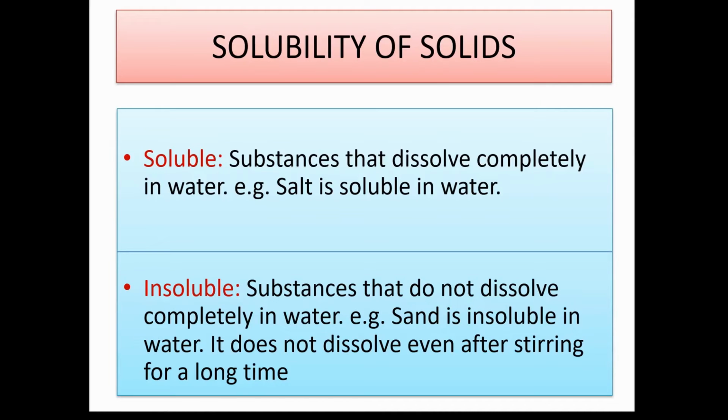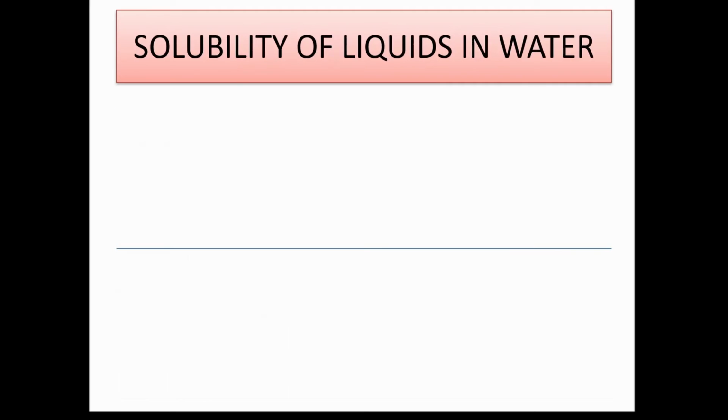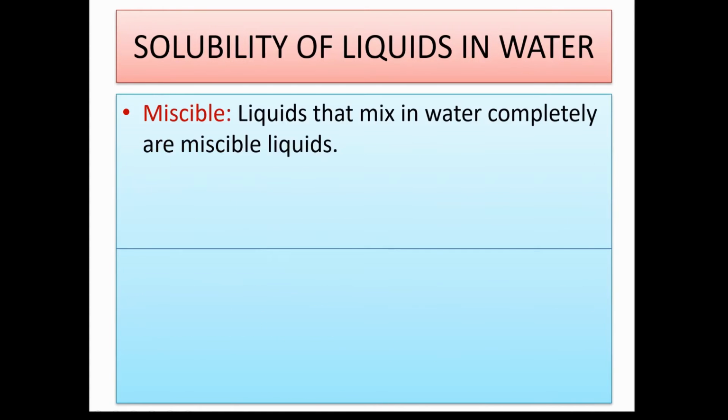Is it clear? Fine. Then what term do we use when the solute and the solvent both are liquid? I mean that if you mix a liquid with another liquid, and if it mixes together completely, then it is called a miscible liquid.